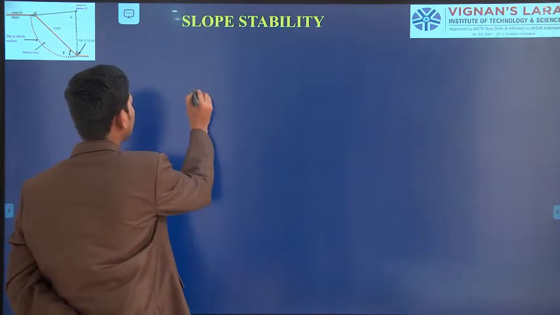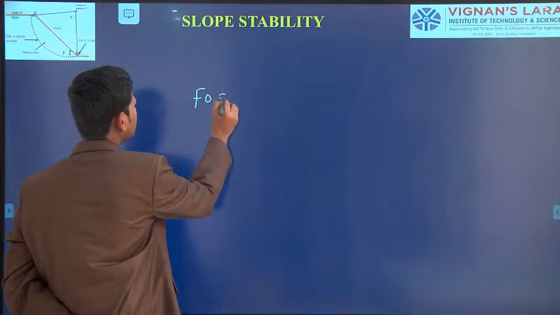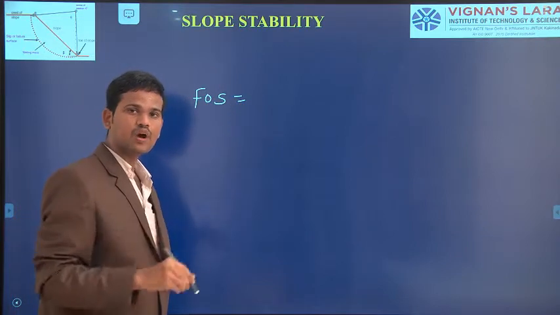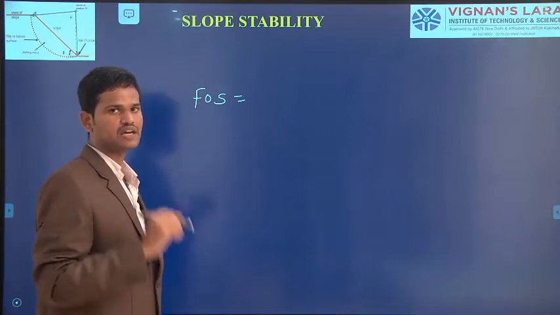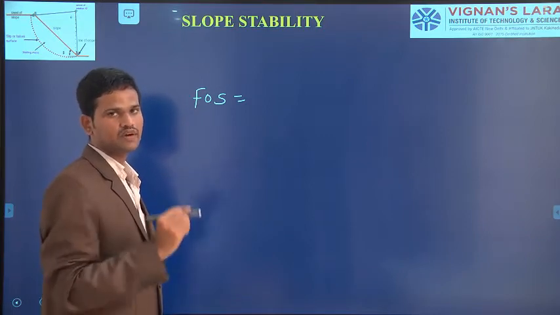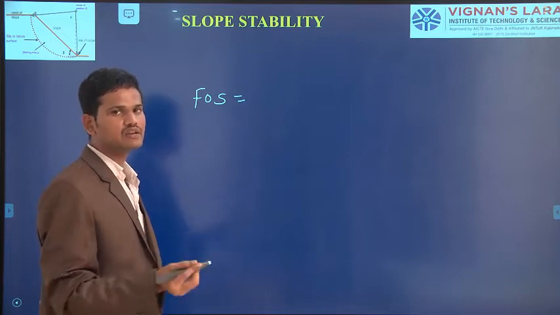Now we have to calculate the factor of safety of the soil mass when the water table is at a particular depth from the ground surface or at a depth from the plane failure surface.